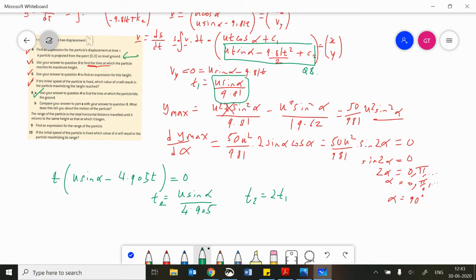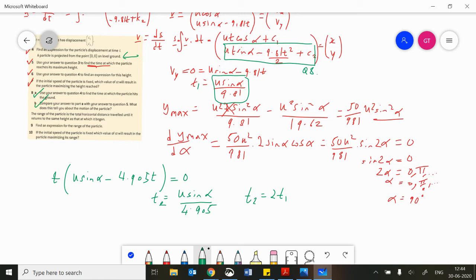In fact, we expect it to be symmetrical because there's no deceleration in the x direction. If there was deceleration in the x direction, it would confuse things and be a more sophisticated model. So it's telling us that the time taken from 0 to the top is the same as the time taken from the top back down to a height of 0. You need to put that in words. Because it takes me so long to write it, I'm not going to write it here.